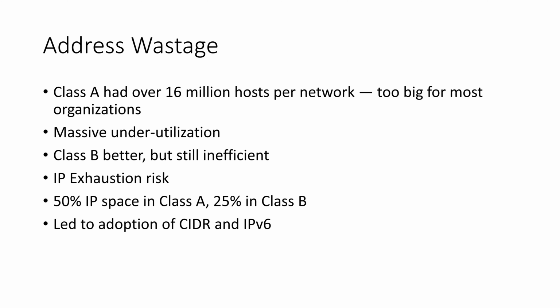The rigid boundaries between classes caused huge chunks of the available IP space to sit idle, even as demand increased. In fact, 50% of all IPv4 addresses were allocated to Class A alone and 25% to Class B, and this inefficiency and fear of running out of IP addresses led to the adoption of classless interdomain routing in the 1990s and ultimately the development of IPv6.